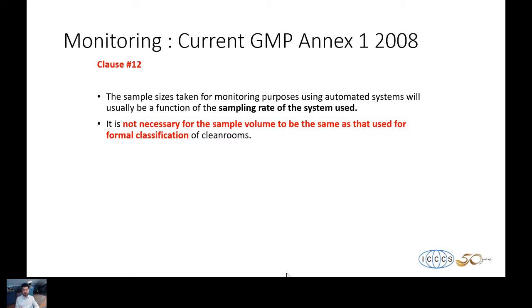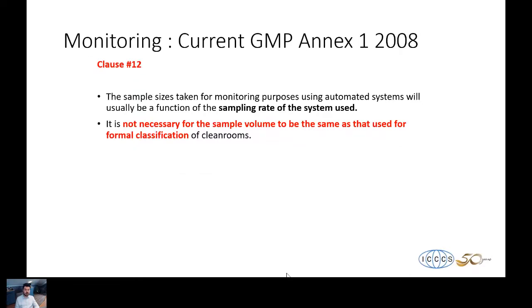According to clause 12, the sampling rate should be a function of the sample system that you are using. For example, if you are sampling 28.3 liters per minute, divide all the numbers from the table by this and make sure that every minute you are giving feedback.